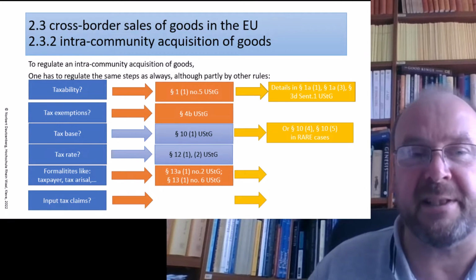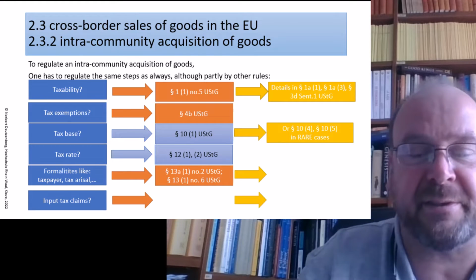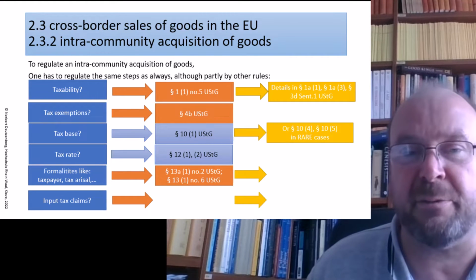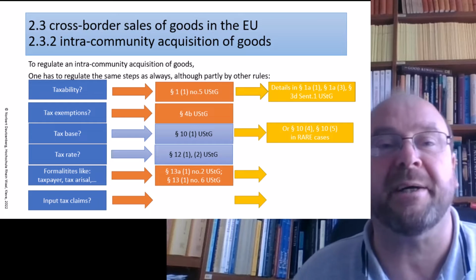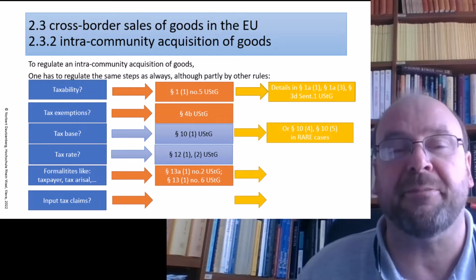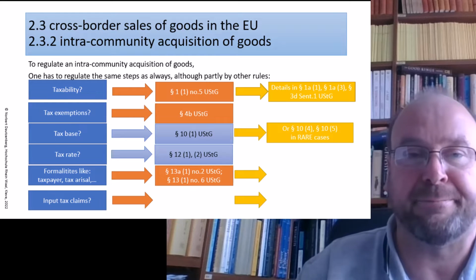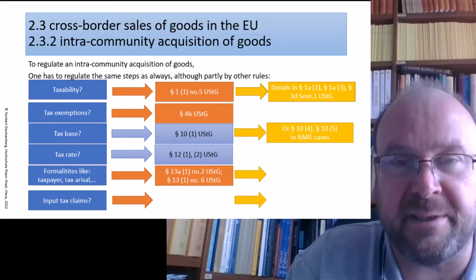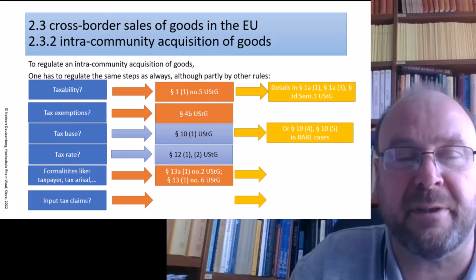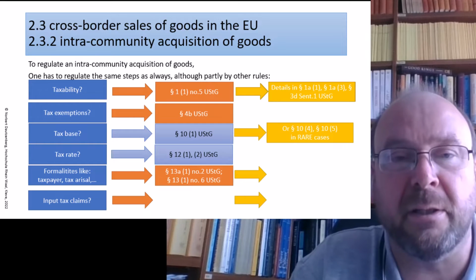Now, the last aspect which still needs to be regulated is under which circumstances a person who buys something from another member state can obtain the tax which he or she paid back as input tax. That is a bit surprising. You pay a tax and you directly get it back, probably.